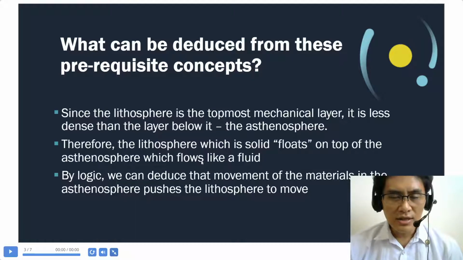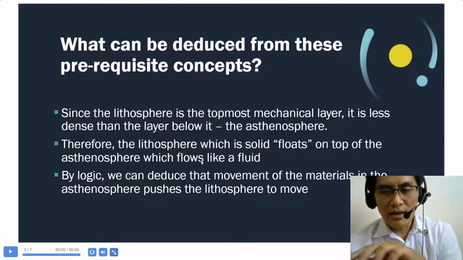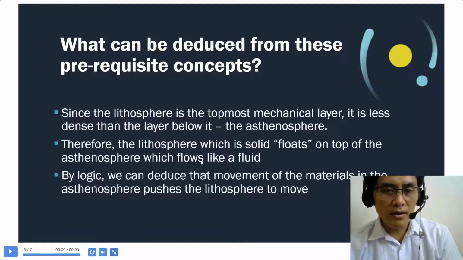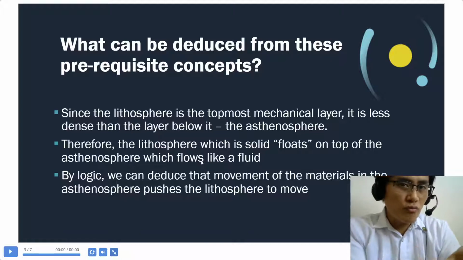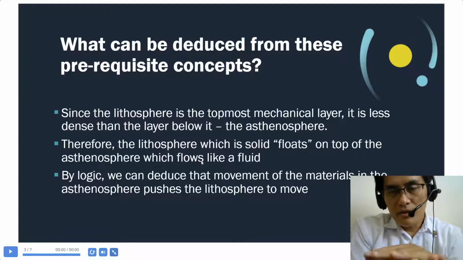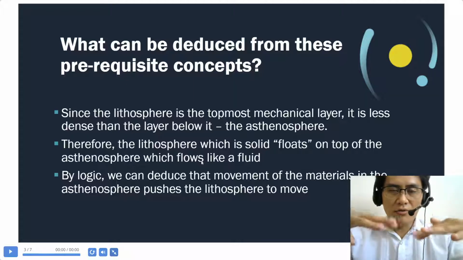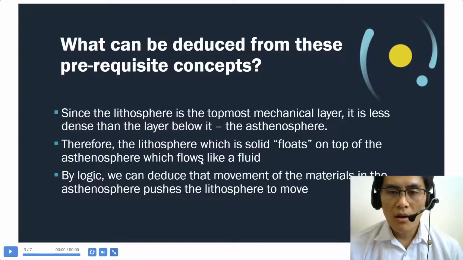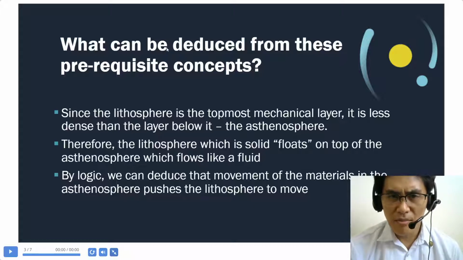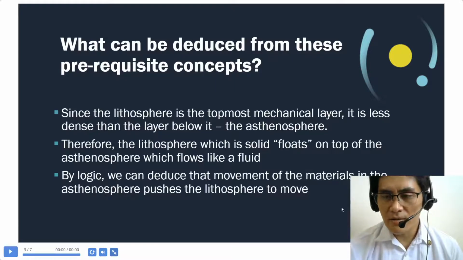Okay, so in the same manner, when the asthenospheric materials move because it's like a fluid, then it drags with it the lithosphere which is floating on top of it. Okay, so that's the main concept that is emphasized here.